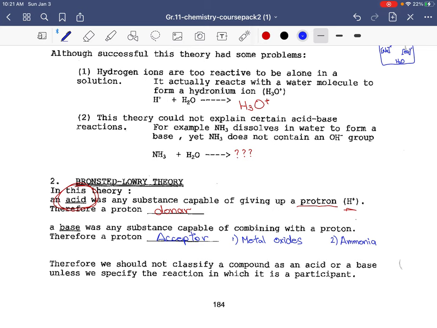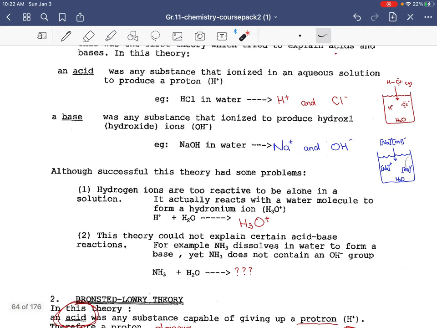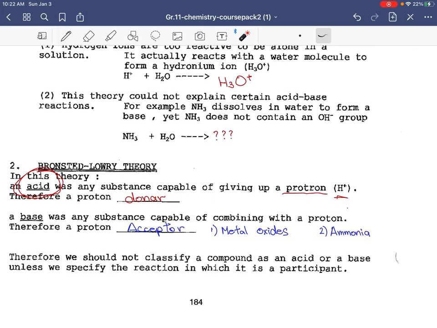Both metal oxides and ammonia don't have hydroxides in them. So Arrhenius' theory about OH being an example of a base, and the only example of a base, is actually not true. Because metal oxides are basic too. Ammonia, we saw, is basic. And obviously we know that metal hydroxides are also bases.